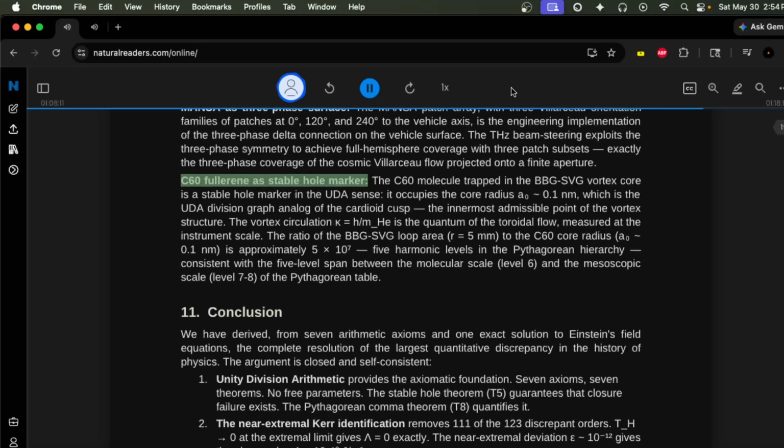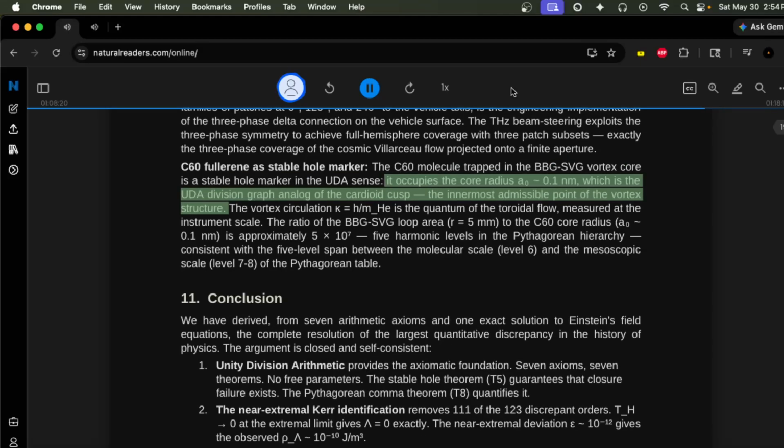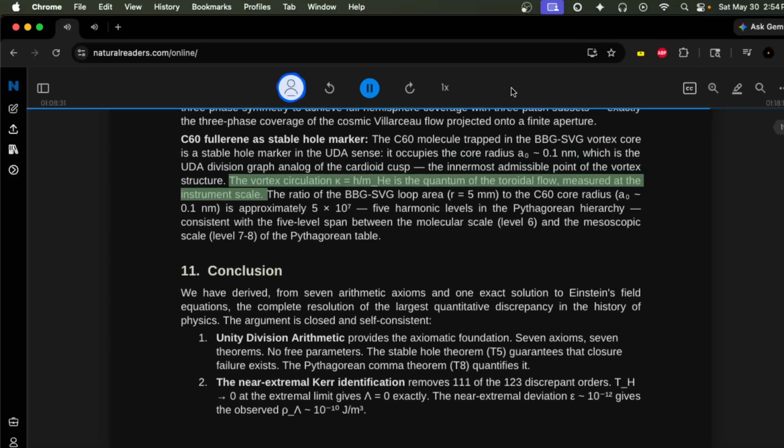C60 fullerene as stable hole marker. The C60 molecule trapped in the BBG-SVG vortex core is a stable hole marker in the UDA sense. It occupies the core radius at approximately 0.1 nanometers, which is the UDA division graph analog of the cardioid cusp, the innermost admissible point of the vortex structure. The vortex circulation kappa equals h per meter.